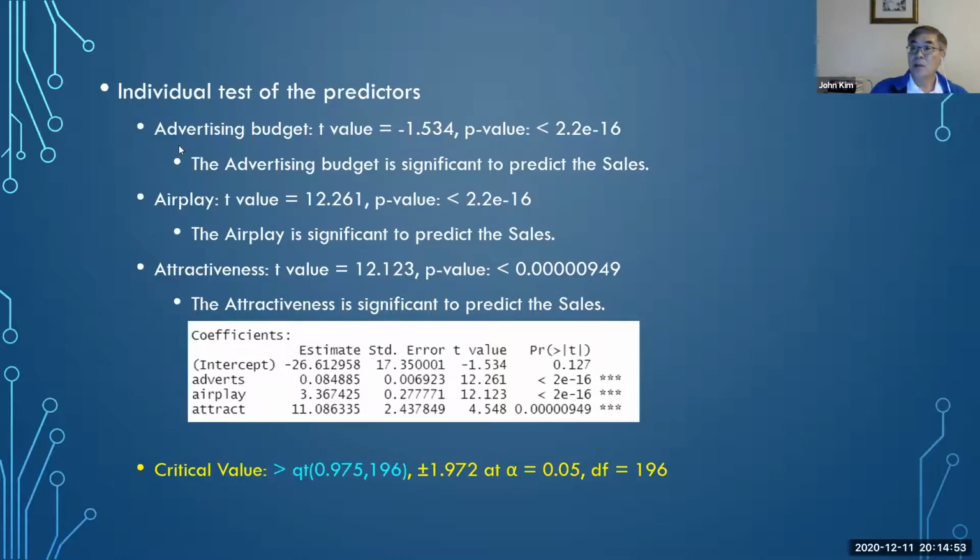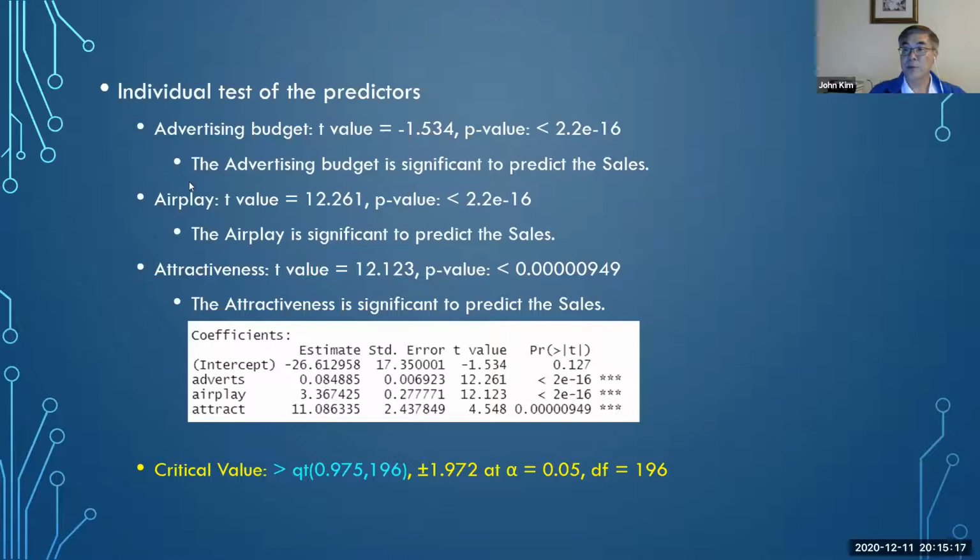And then we can use the p-value. They are smaller than alpha. So all variables are significant to predict sales.